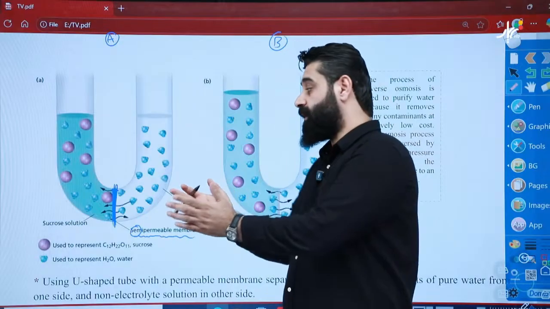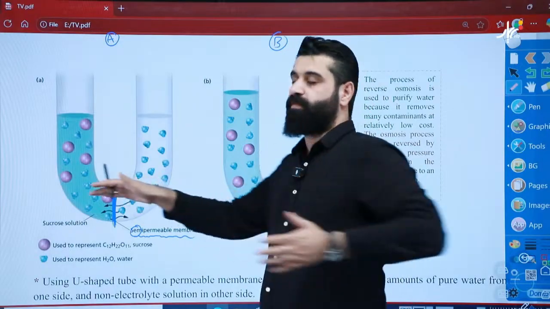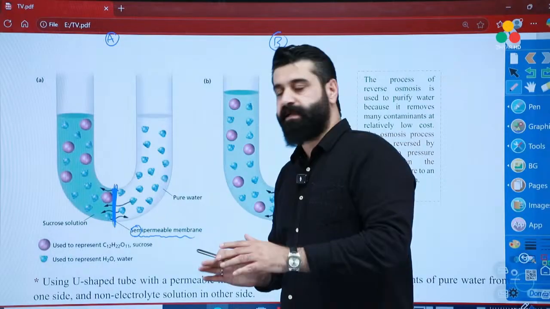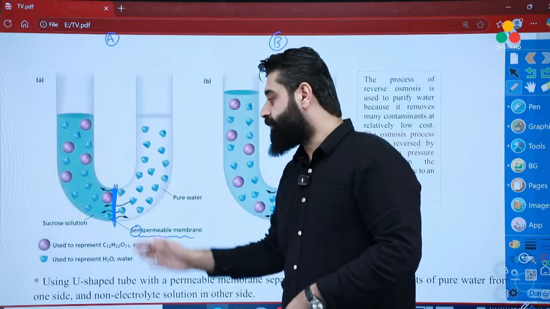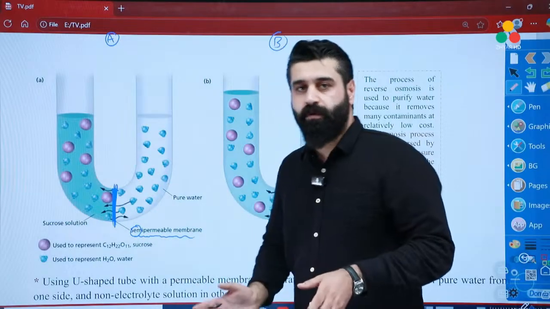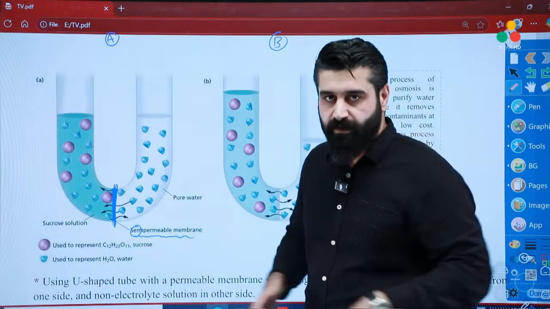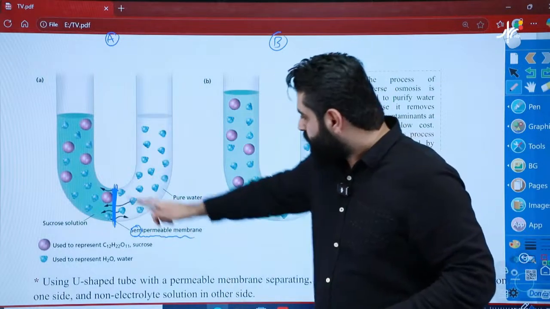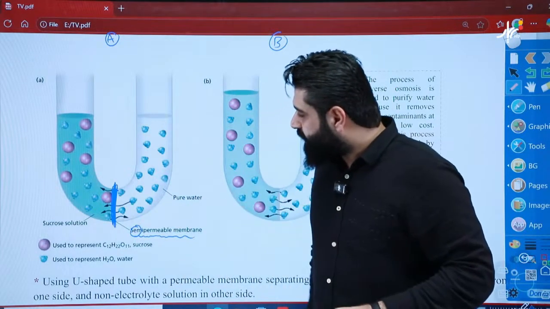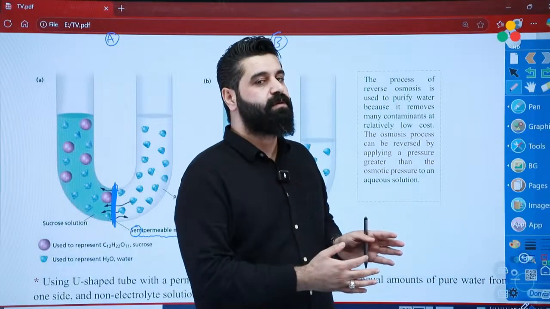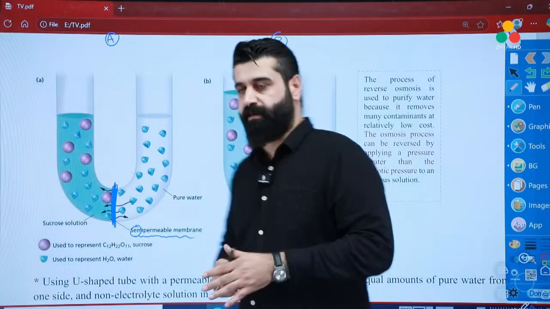Some particles are allowed to pass through while others cannot. It's like a checkpoint: it allows something to pass through while blocking, bouncing back the others. Got it? So what is the semi-permeable membrane? It's a membrane that allows the passage of some particles while blocking the others.